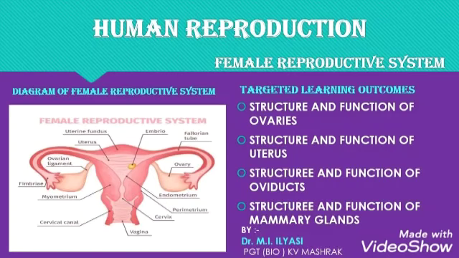Clitoris. It is a tiny finger-like projection that lies at the junction of the labia minora above the urethral opening. Now the discussion about mammary glands. The presence of functional mammary glands is characteristic of all female mammals.